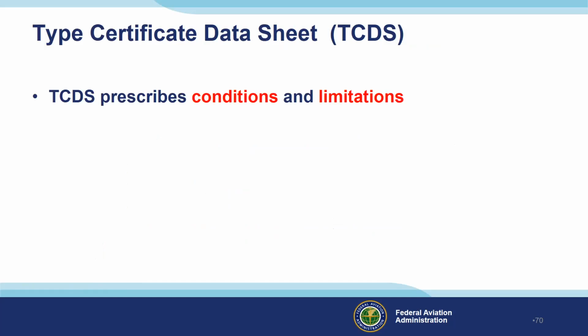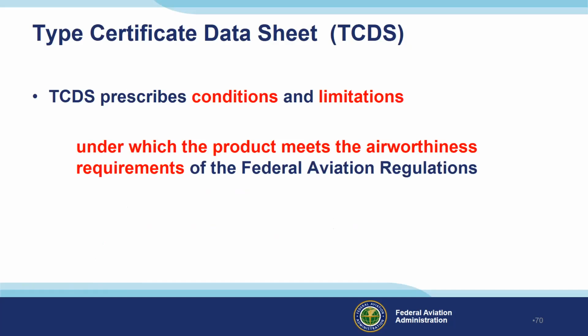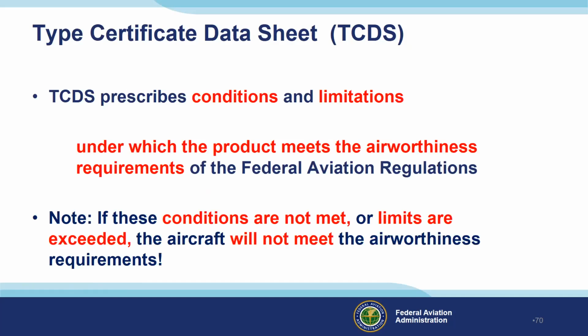The type certificate data sheet prescribes the conditions and limitations under which the product meets the airworthiness requirements. And we should note that if these conditions are not met or the limits are exceeded, the aircraft will not meet the airworthiness requirements.